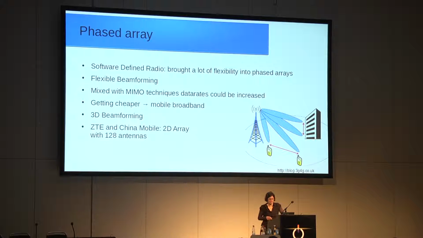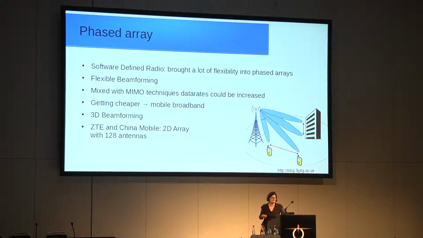They are doing a lot of research at the moment, for example, on 3D beam forming. This can be seen here in this picture. So we got our base station, then we get one beam down here and several beams to the skyscraper. And the idea is, for example, to cover different levels of a skyscraper with different beams on the same frequency.